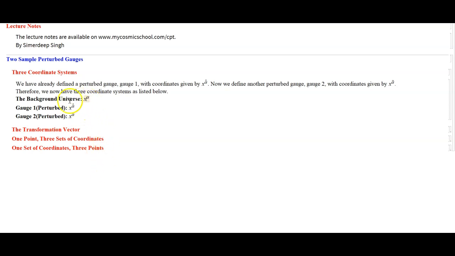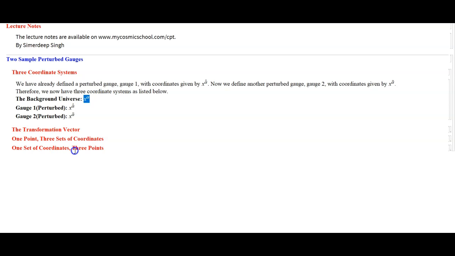And because the coordinates x alpha tilde and x alpha caret are slightly perturbed from the background, when I take one point and three sets of coordinates, those three sets of coordinates are very close to each other, so the difference between these coordinates is of the first order.